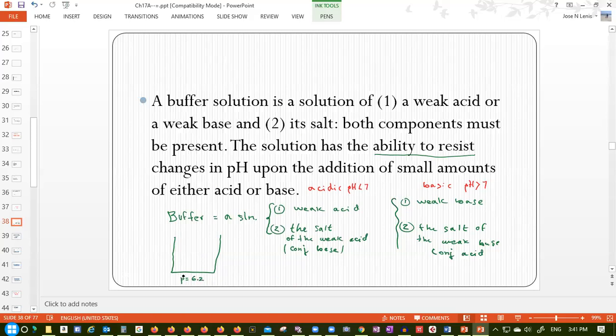Sorry, this is pH. pH equals 6.2. It's very specific pH. So you need to prepare a media with that pH. What's going to happen with your cells if the pH is not 6.2?